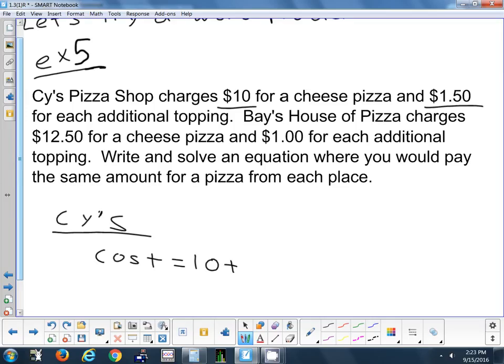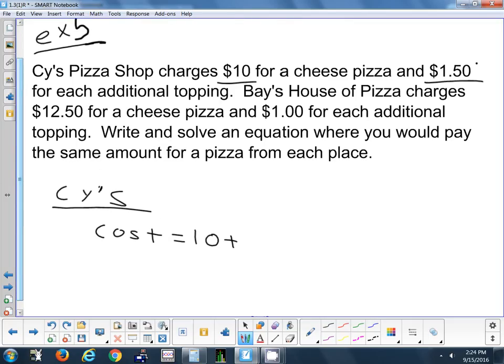No matter how many toppings you get on the pizza, you only pay $10 one time. So what fee do we pay over and over? Brett? The topping fee. We pay $1.50. It's expensive for toppings. Should lower the price of that. So we pay $1.50 for each topping.